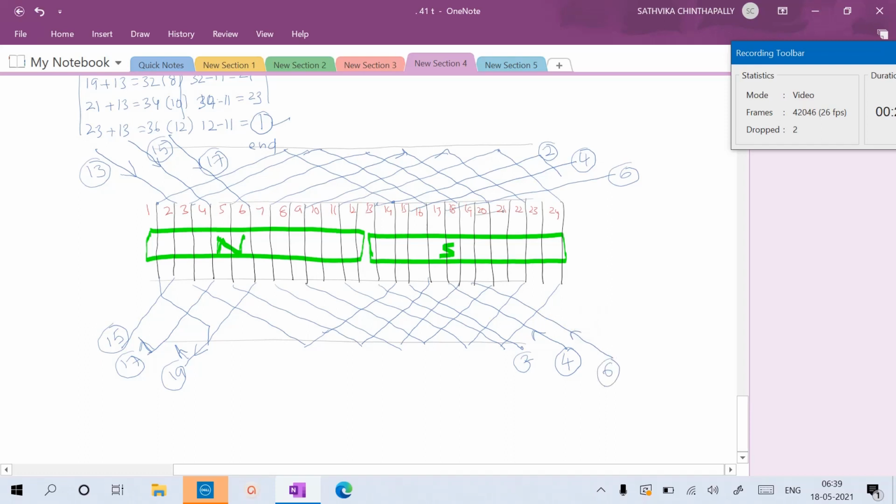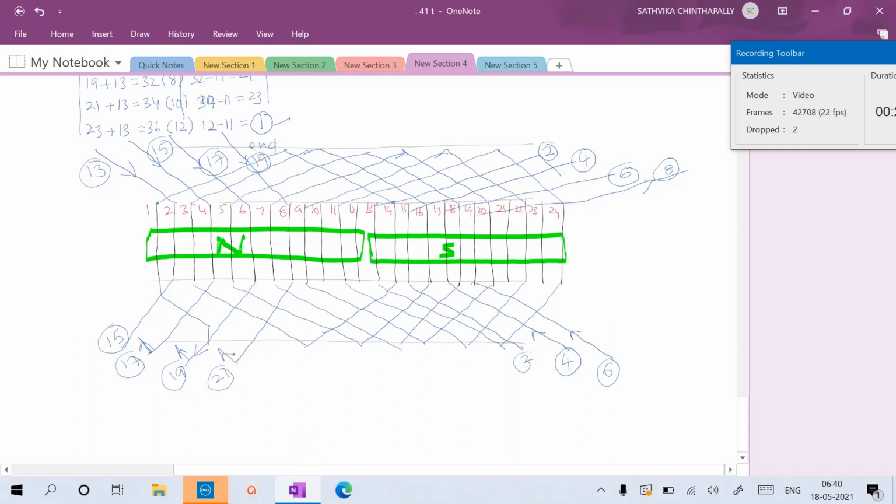And the 19th, this terminal is connected to the 8th conductor. Okay. Now the 8th conductor, from this one, it's coming from the 19th.